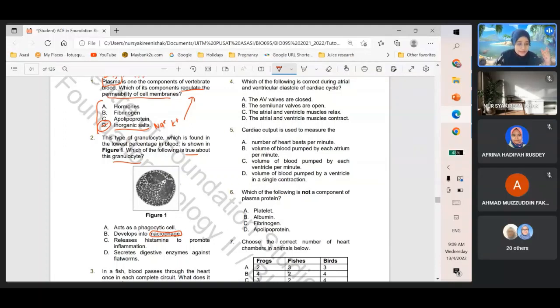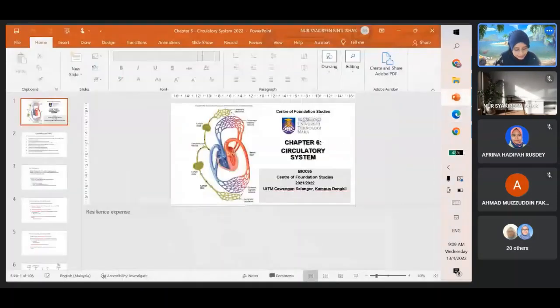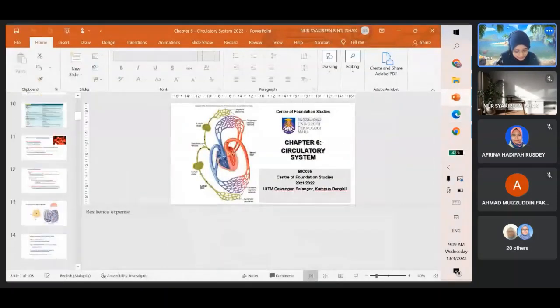So white blood cells ni kita bahagikan dia kepada dua jenis. Sama ada yang granulocyte. Granule tu macam inilah yang you see inside the cell, the small tiny little vesicle. Okay, that is granulocyte. So another type of white blood cell is agranulocyte. Kita dah tengok dah dalam chapter cell ni sebenarnya.